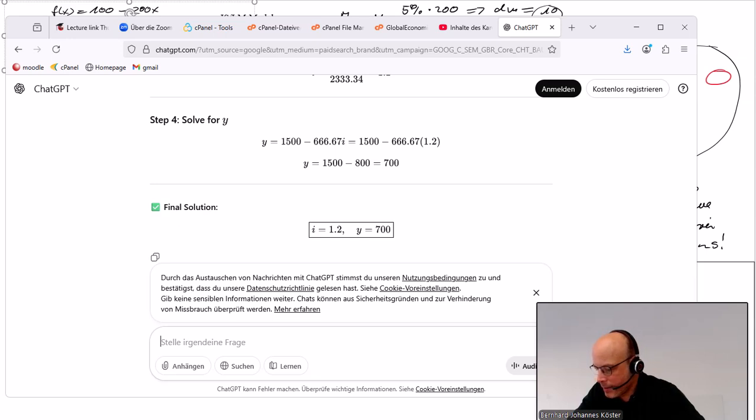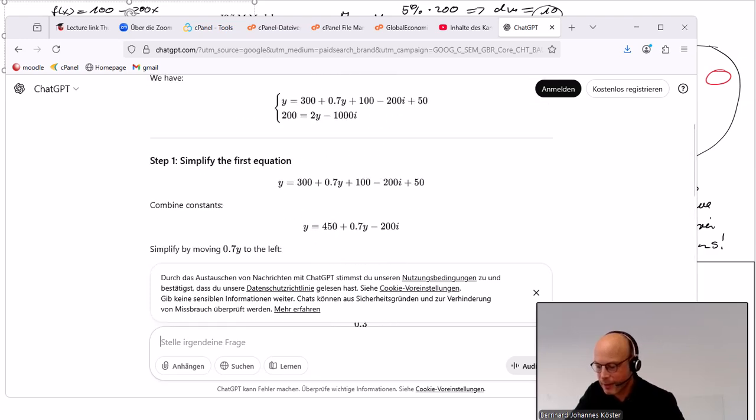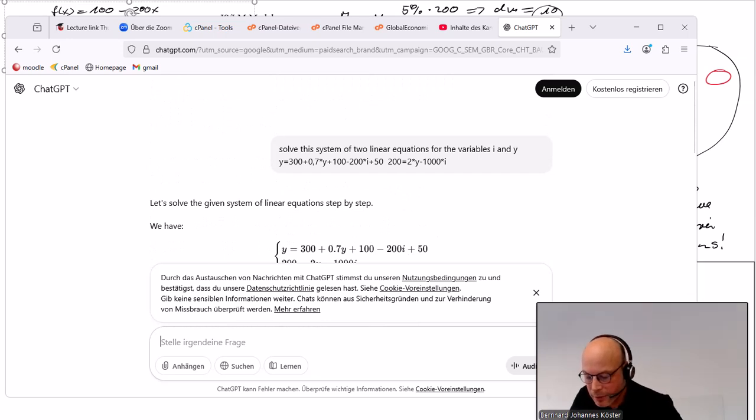But what is really important using this: first of all, you have to make a reasonable prompt. You have to formulate your problem exactly, because still AI is a stochastic approach. And unfortunately, sometimes it is miscalculating some things.